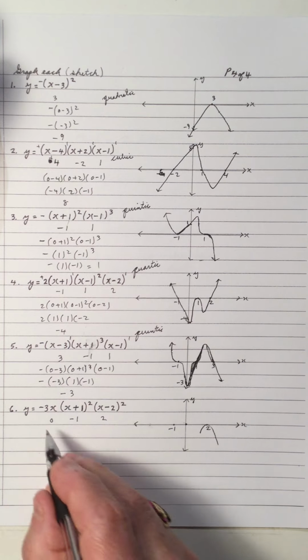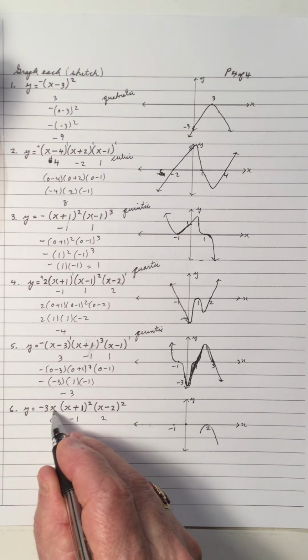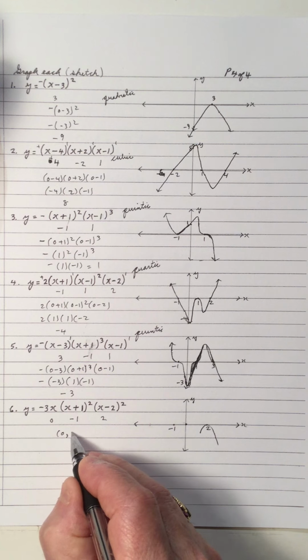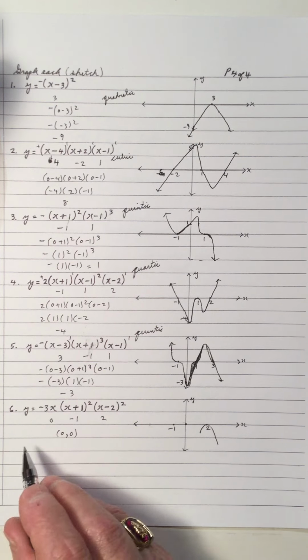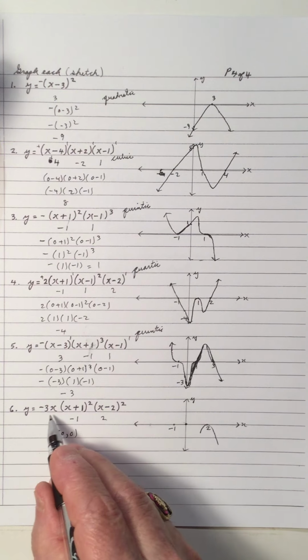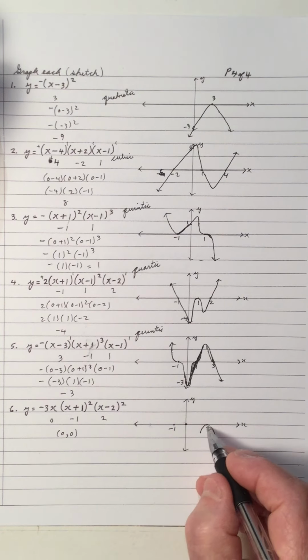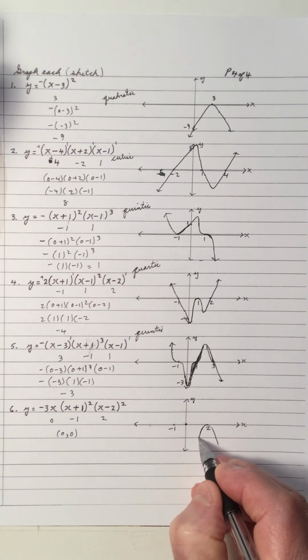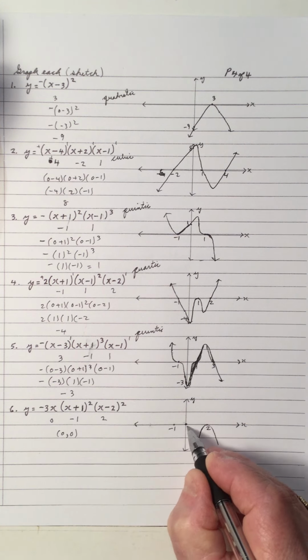And notice x is 0. Put a 0 in here, here, here. You get x is 0, y is 0. So it passes through. The x-intercept is also the y-intercept, 0, 0. And that here is linear, so it goes up.